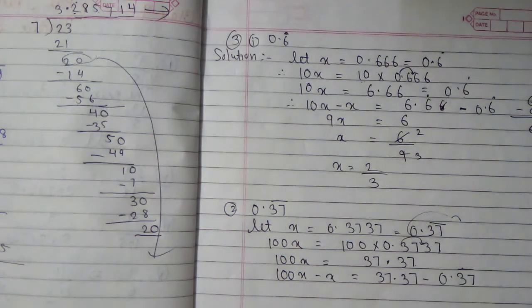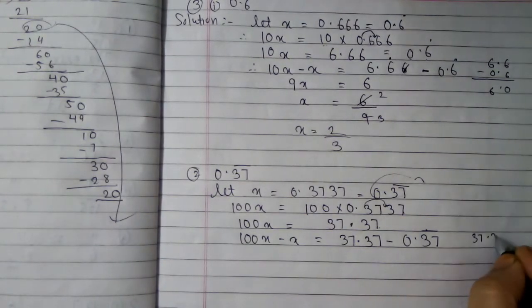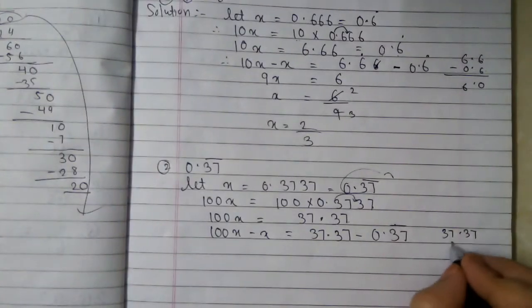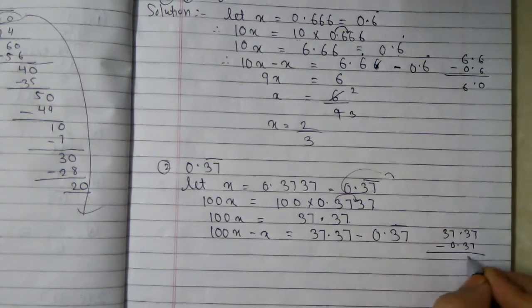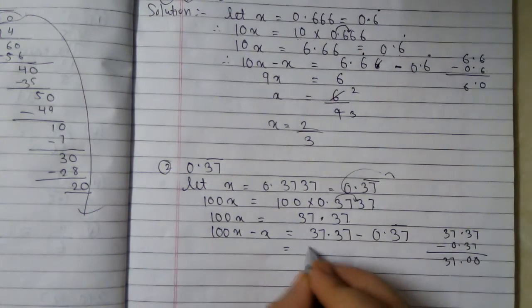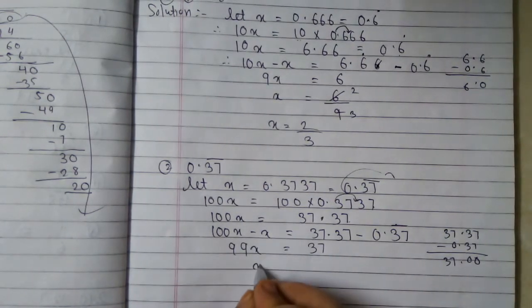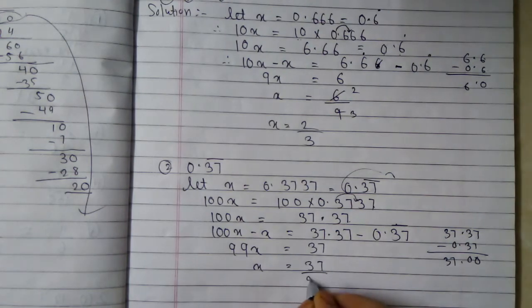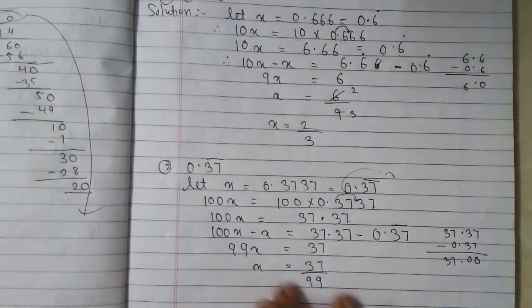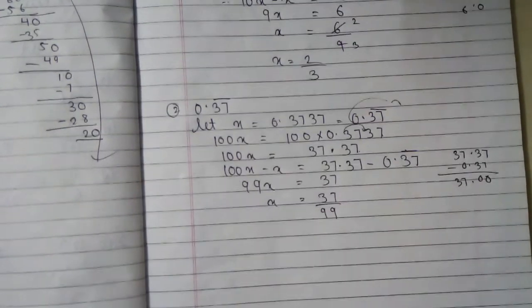After subtraction, the decimal part becomes 0 and we get 37, so 99x equals 37 and x is 37 upon 99. This can't be divided further. You have to write in p upon q form only.